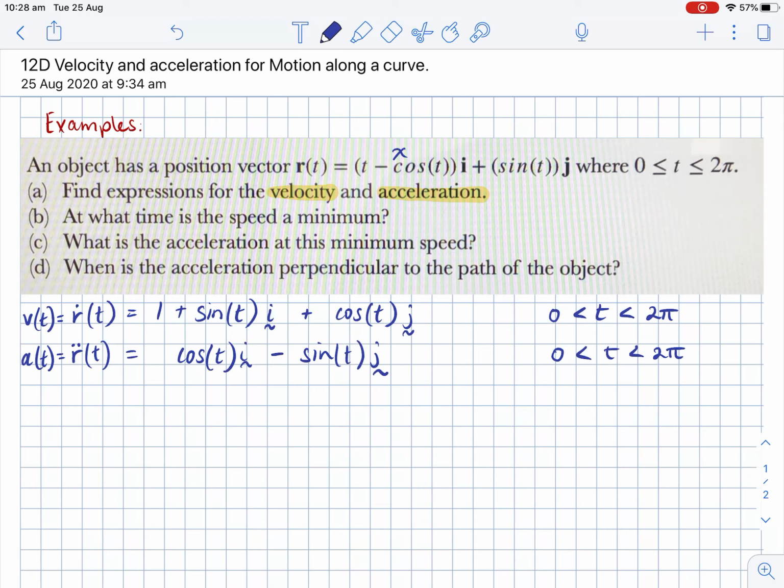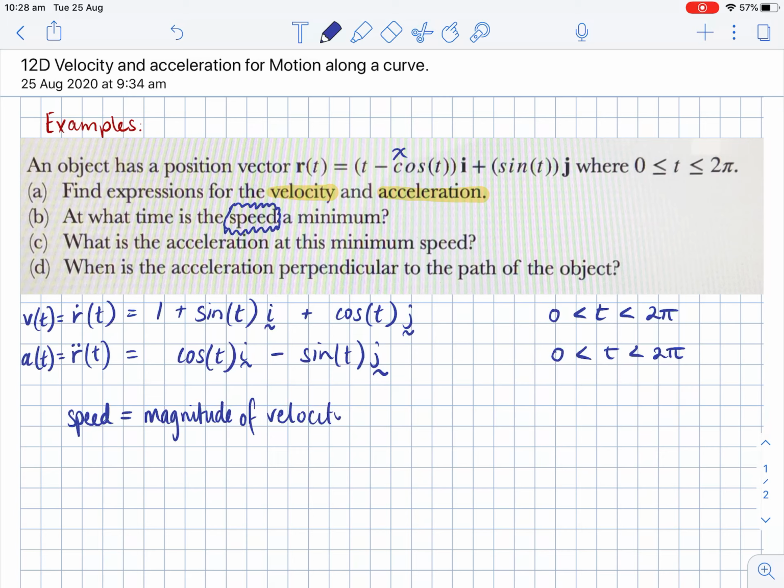For part B, what I need to do is find the time the speed is a minimum. So let's think about what is the speed. Now we know the speed is the magnitude of velocity. So speed equals the magnitude of velocity.